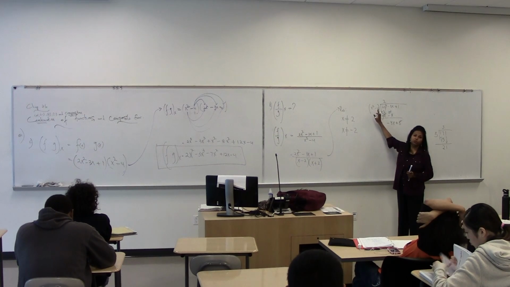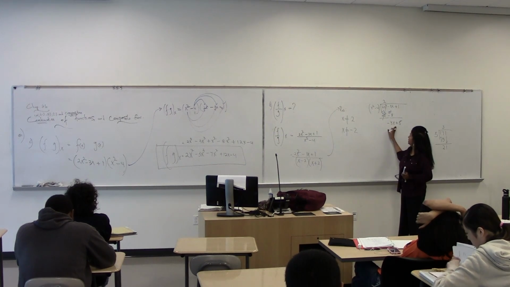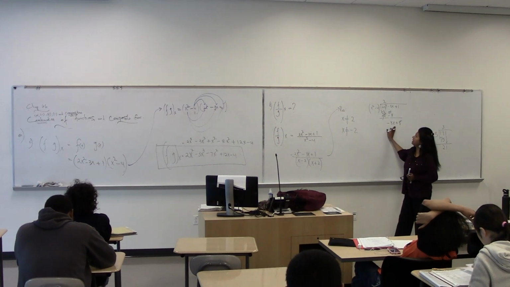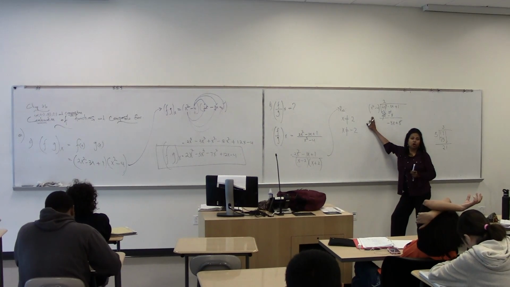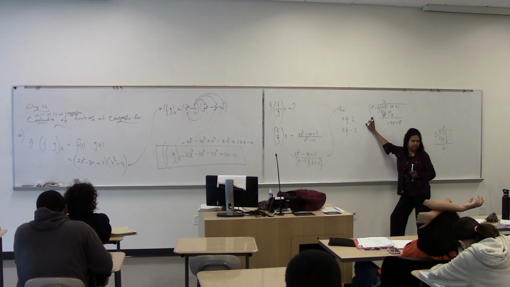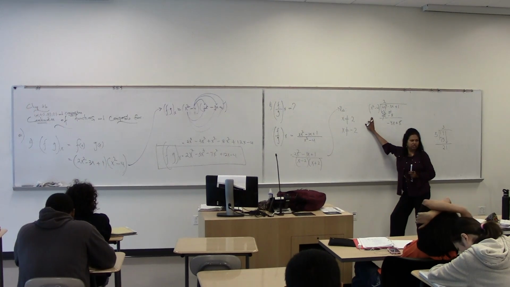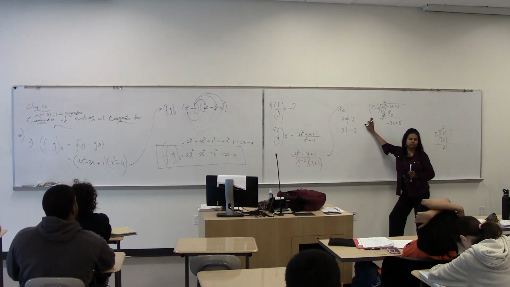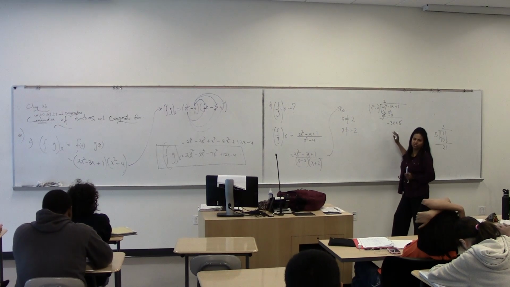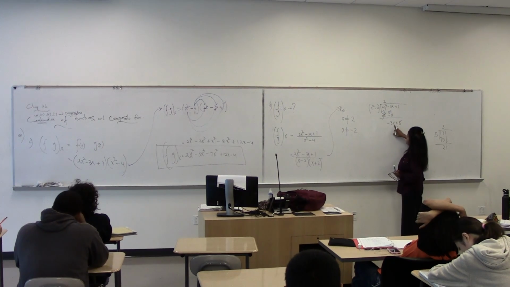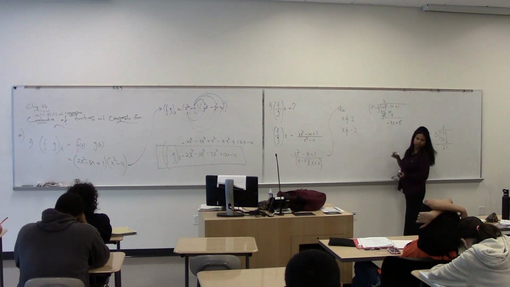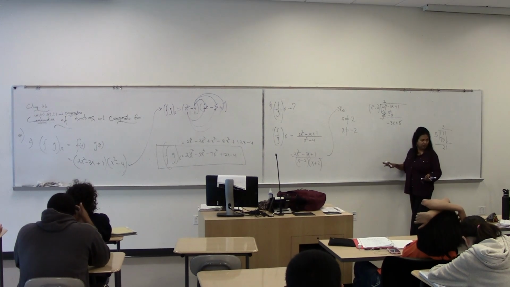Degree 2. When the degree of the remainder is less than the degree of the divisor, we can't continue the division any further. If this is x and this is x, we can still write a 3 here. You guys know that.